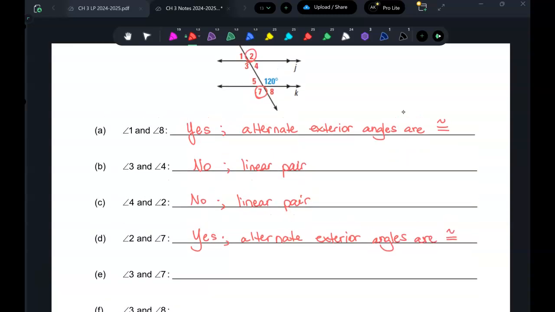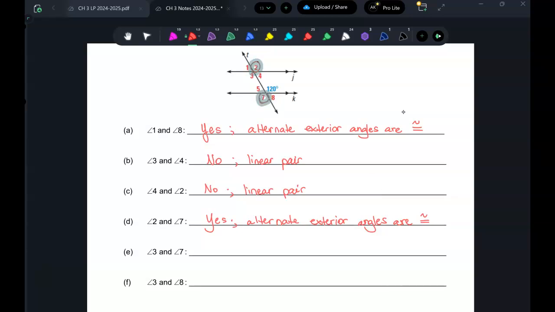Is the next one corresponding? Let's see, 3 and 7. Are 3 and 7 corresponding? Okay, so does that mean they're congruent? Yes. So corresponding. 3 and 8.